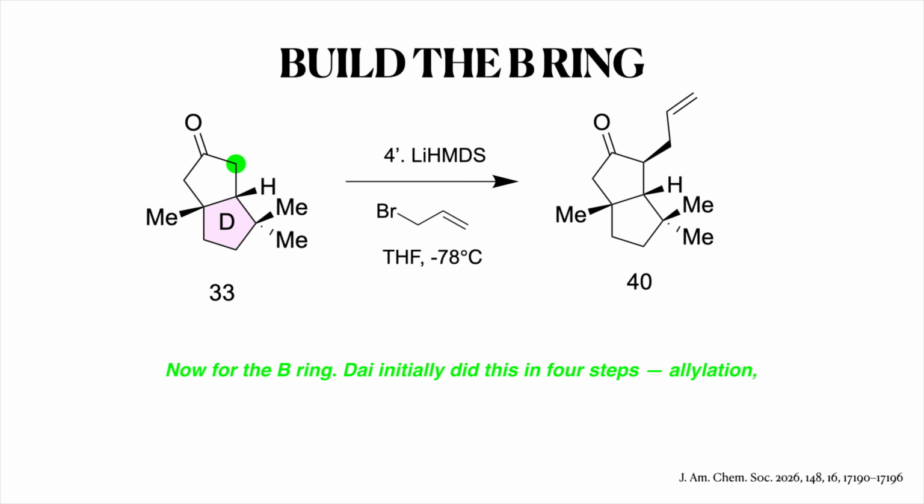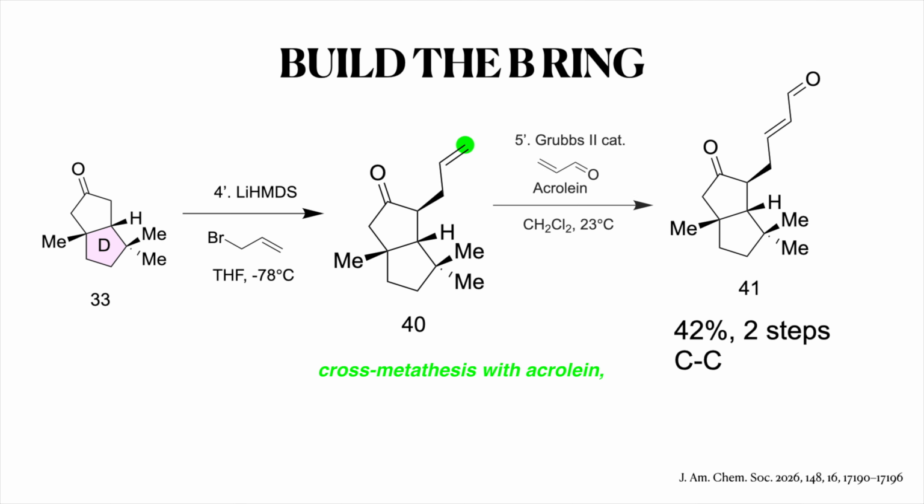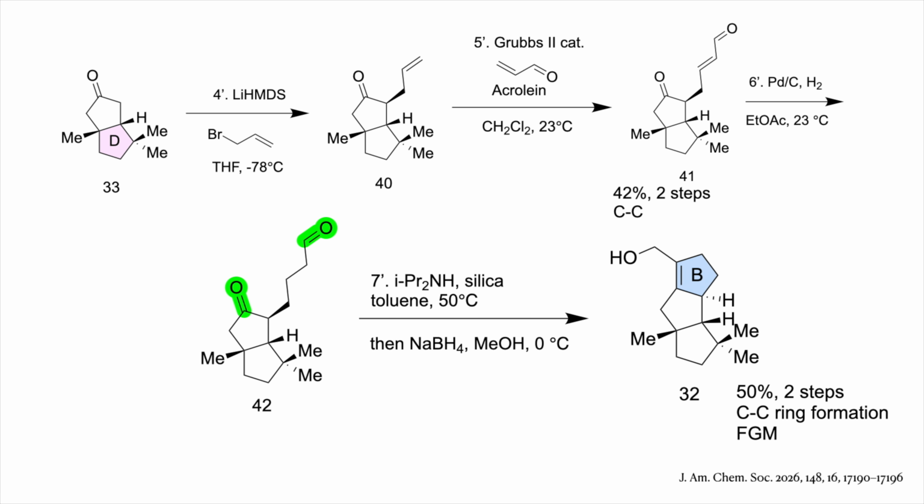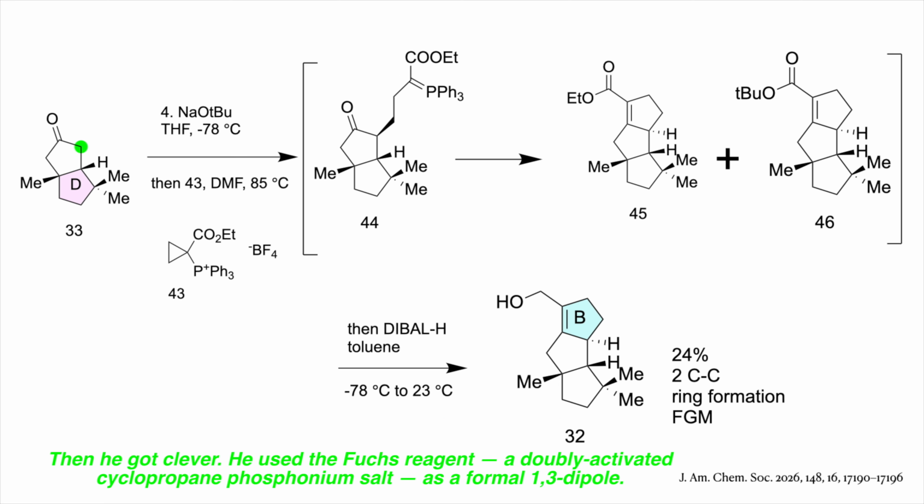Now for the B ring, Dai initially did this in 4 steps. Allylation, cross metathesis with acrolein, hydrogenation, aldol condensation, worked but slow. Then he got clever.